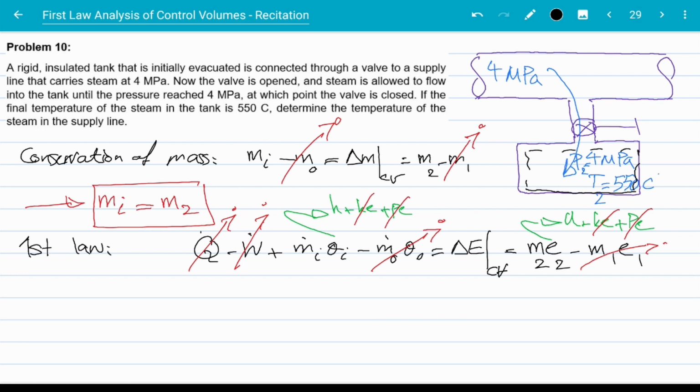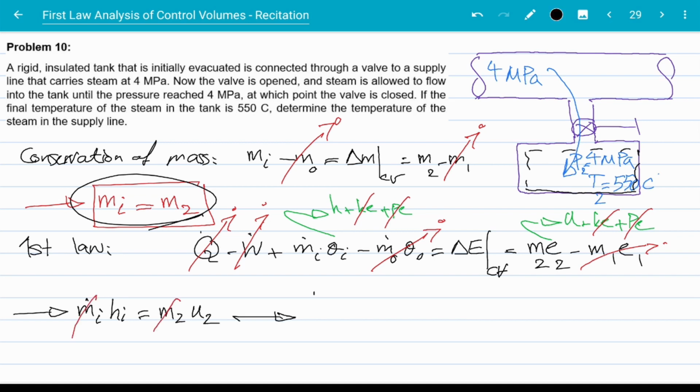This equation is reduced to m dot i, h_i, is equal to m2 u2. Now remember that m_i is equal to m2. I can drop these terms as well, and I get the enthalpy of steam coming in is equal to the internal energy of steam at the final state. This is a very important conclusion.